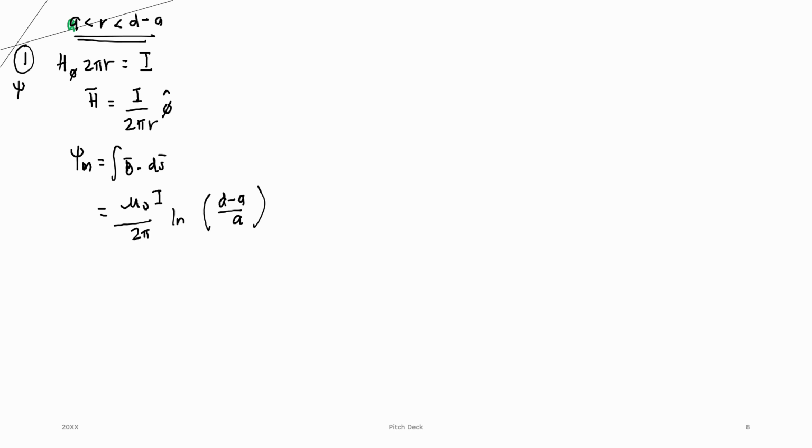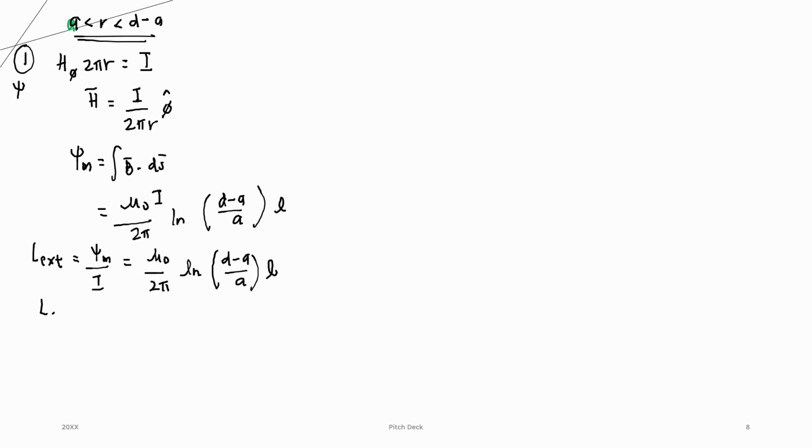So I leave it to you guys to prove this. Ln (d minus a) over a, and l is going to be the length. So the L for the external is equal to psi m over I, which equals mu naught over 2 pi ln (d minus a) over a times L, the length.